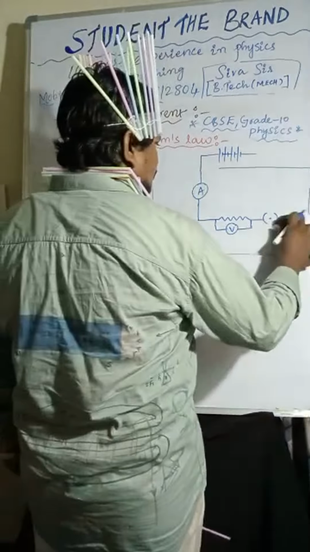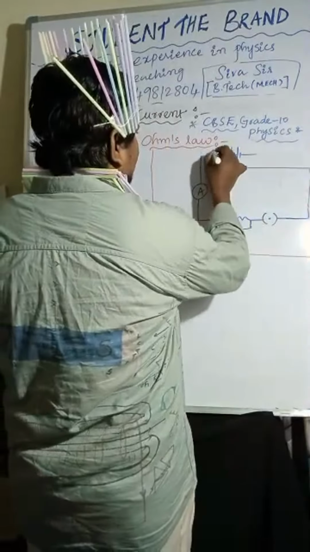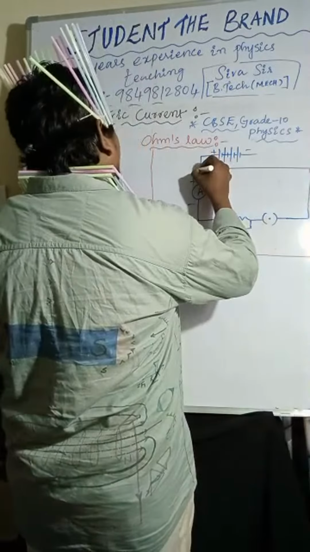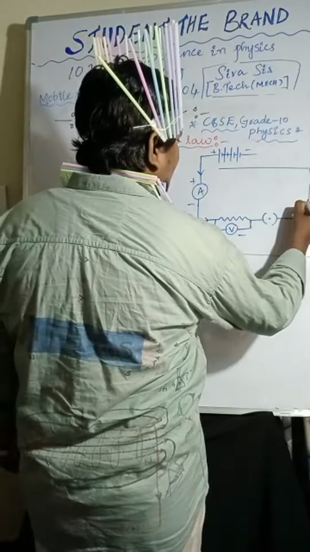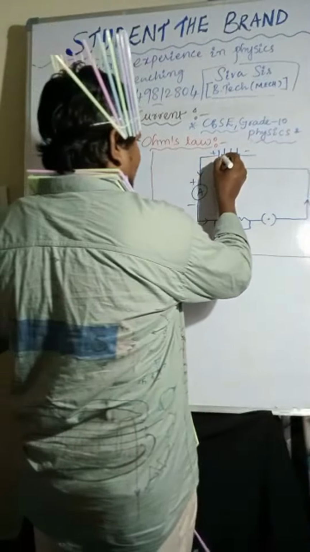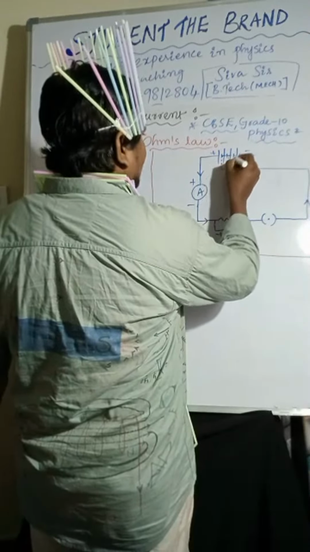Here I am considering this one is the closed switch, current is flowing. So positive terminal, negative terminal, potential. The current will pass from one cell first, next two cells, three cells and four cells. So first you have to join.